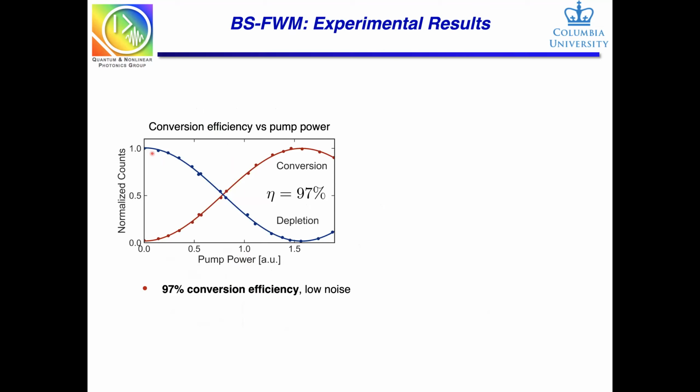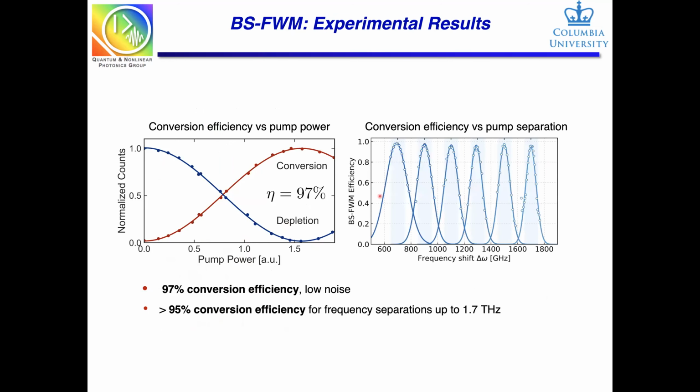In this particular experiment, we had slightly improved the setup even more for the Bragg scattering four-wave mixing. So we're at 97% conversion. And this gives you an idea of the conversion for photons as you detune them across a certain frequency band. You see we can maintain very high conversion efficiency up to almost 2 terahertz.